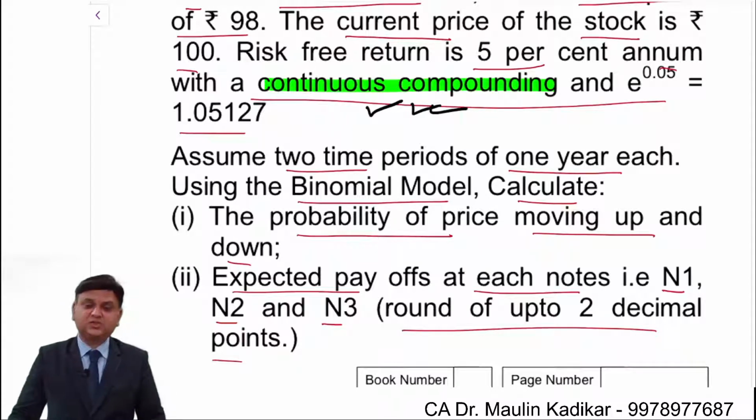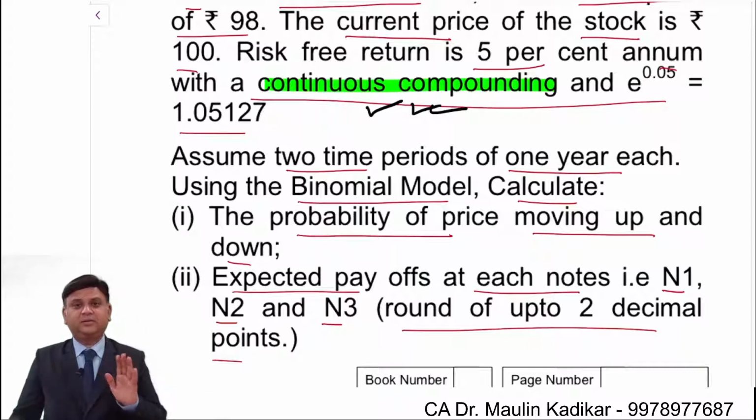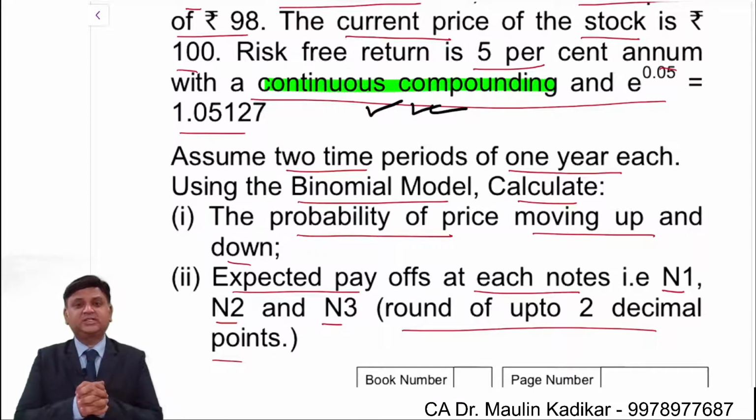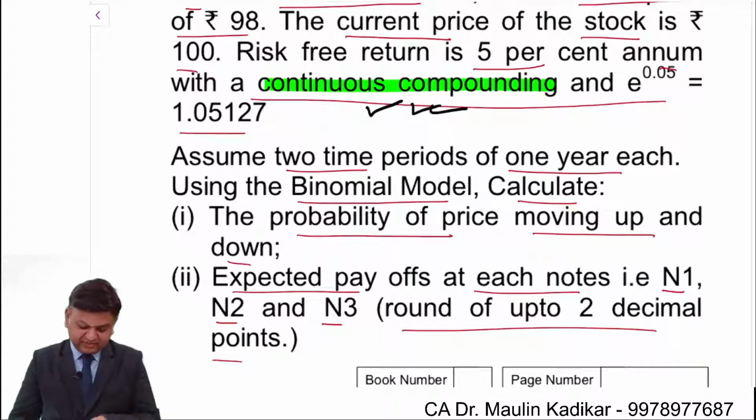In 1 second it is not necessary that there will be only 1000 transactions, or only 2000. There can be n number of transactions, and due to technology it is definitely possible that you will be able to do transactions on a continuous basis. That is the reason we have a term called continuous compounding here.